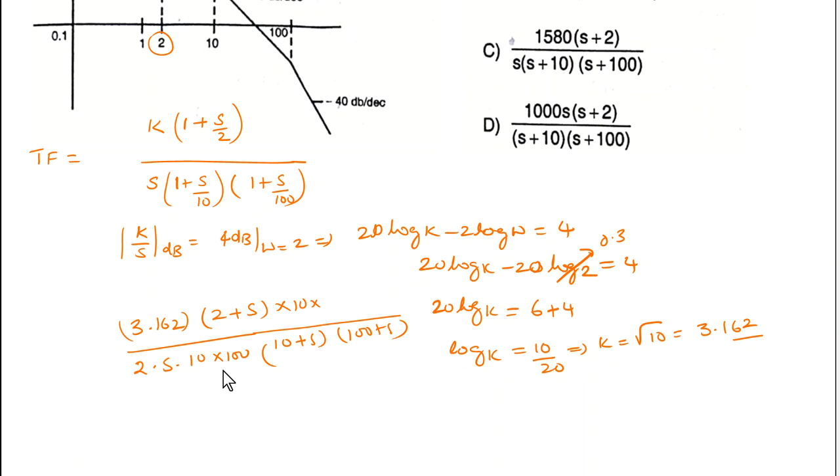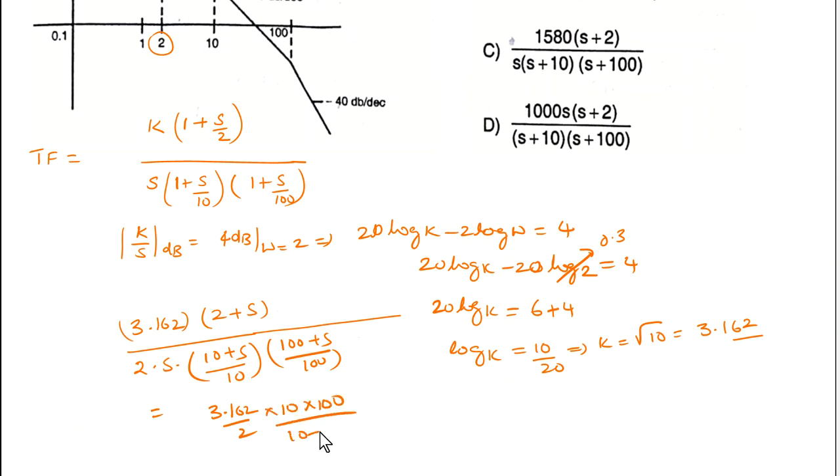So let me correct here, it is not that correct. So 2 into s, I'll take this 10 out here. So 10 plus s divided by 10 here, and 100 plus s divided by 100. If you simplify this, 3.162 divided by 2 into 10 into 100 divided by 10 plus s into 100 plus s here.